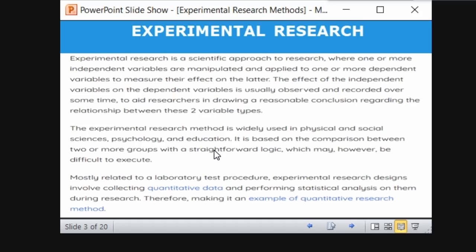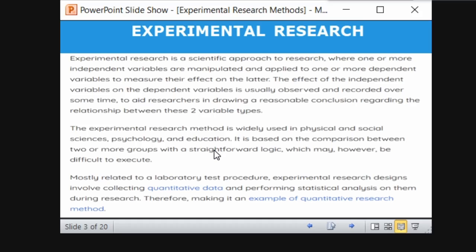In the plant example, we needed at least 2 samples, right? Similarly, in experimental research, there should be a minimum of one independent variable and one dependent variable. We will see what independent and dependent variables are in the forthcoming classes. Remember that there should be a minimum of one independent variable and one dependent variable, and the effect of the independent variable on the dependent variable is usually observed and recorded over some time.